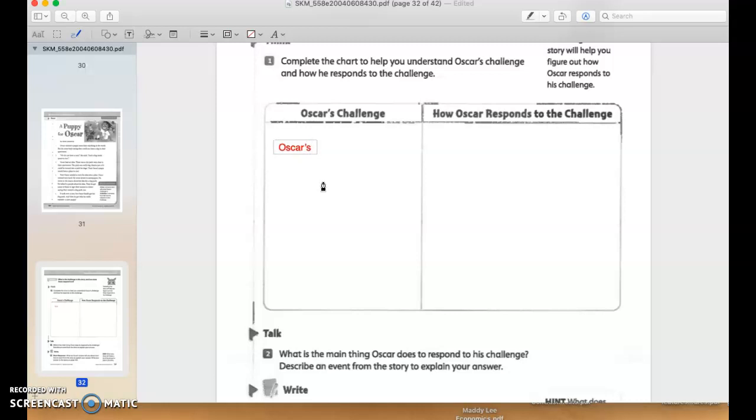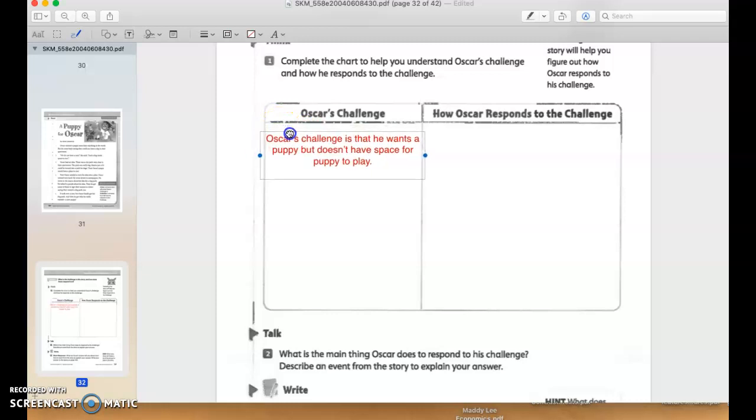Oscar's challenge is that he wants a puppy but doesn't have space for the puppy to play. Okay, that's his challenge.